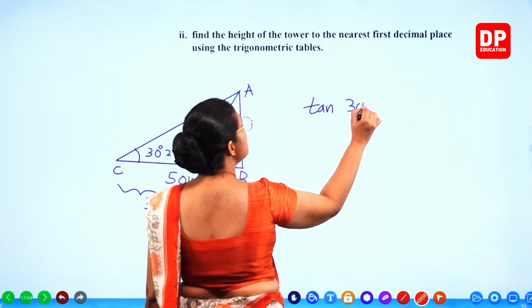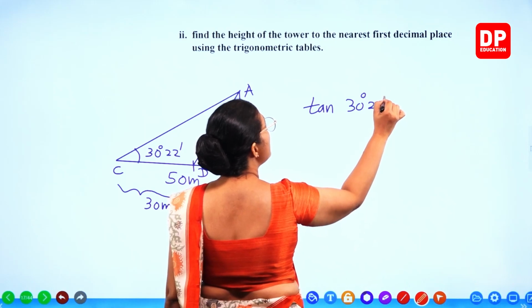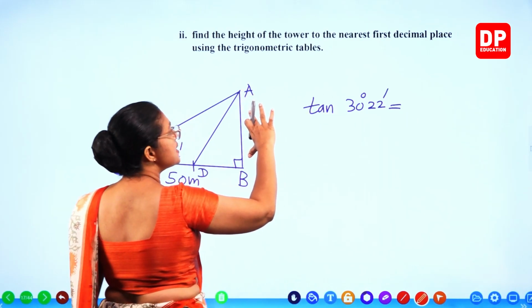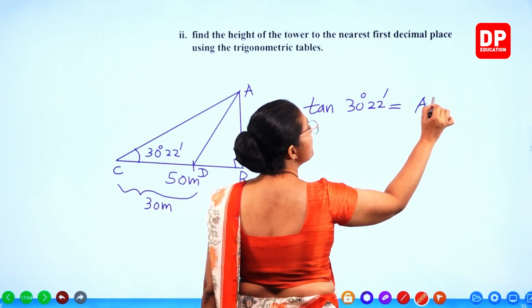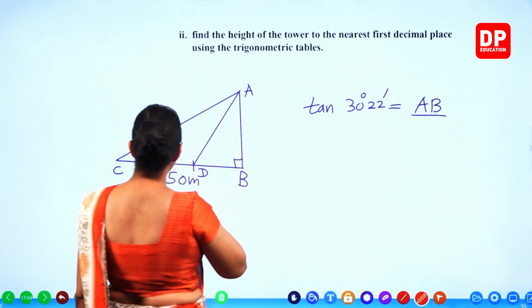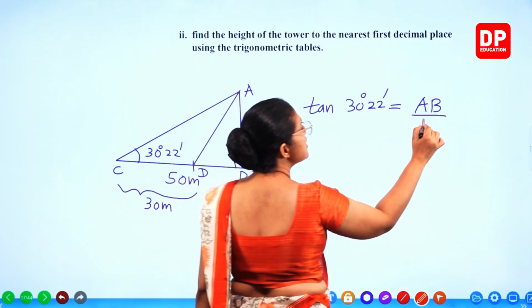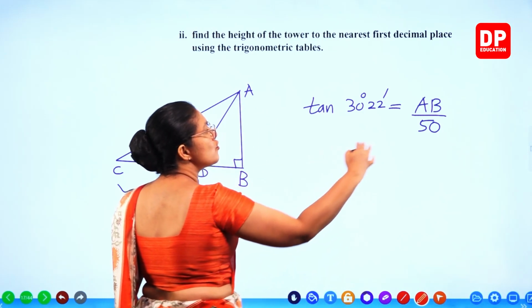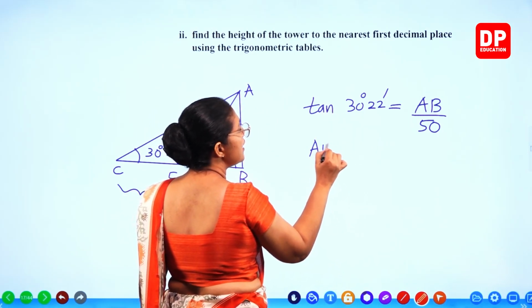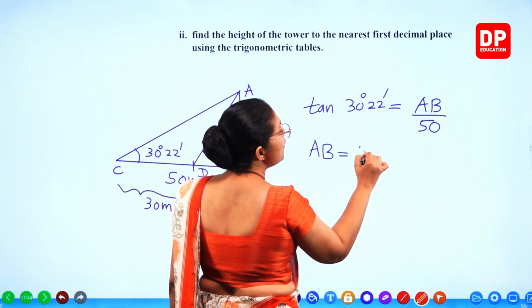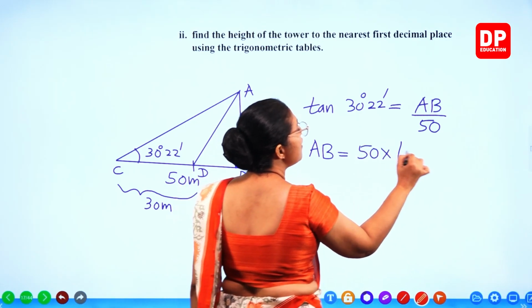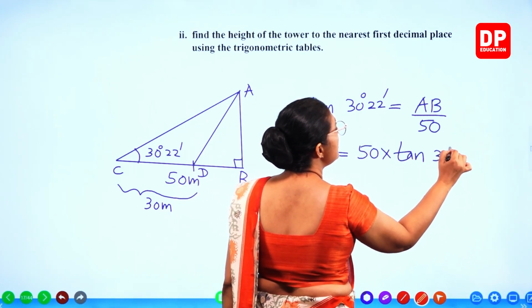Tan of 30 degrees 22 minutes is equal to opposite, AB, over adjacent, 50 meters. So cross multiply and you can find AB: 50 times tan of 30, 22.